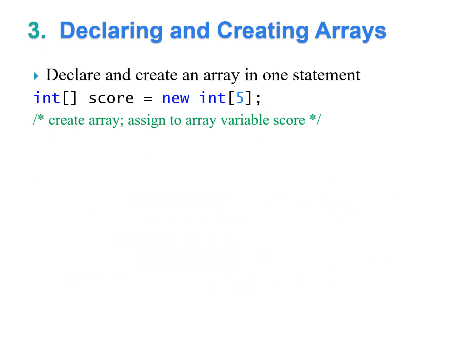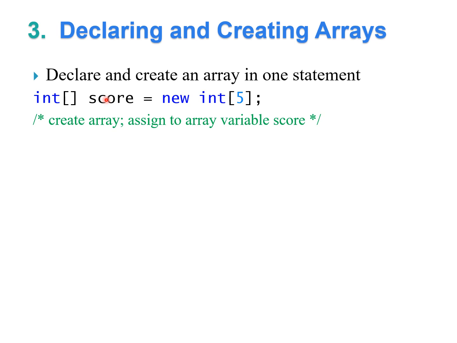You can also declare and create an array in one statement, as in this example. This statement creates an array of 5 int and assigns that array object to the array variable score.